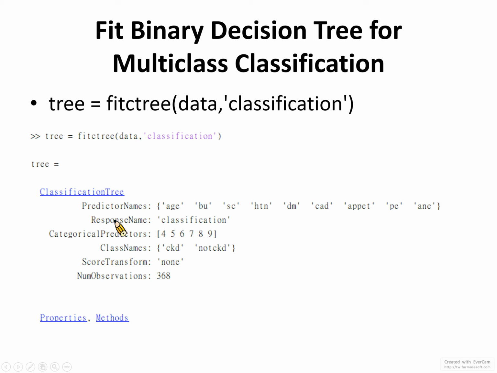There are also categorical predictors: hypertension, diabetes, coronary artery disease, appetite, pedal edema, and anemia. The class names already created for you are CKD and not CKD. The number of observations is 368. So it just shows you the basic characteristics of the model.